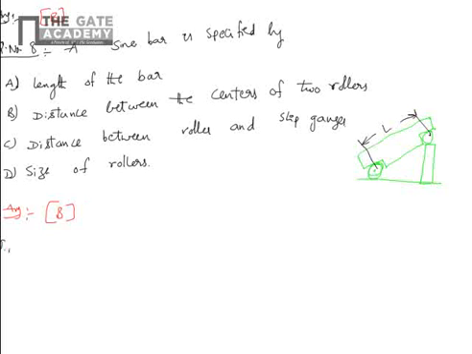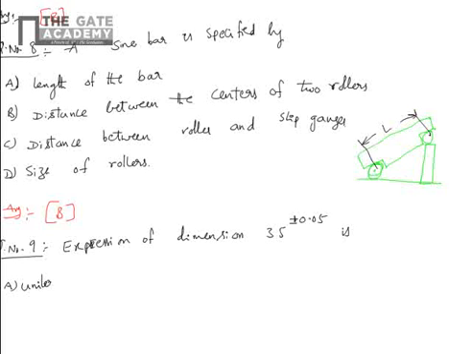Next, question number 9. Expression of dimension 35 plus or minus 0.05 is A, unilateral tolerance, B, bilateral, C, none, D, both.